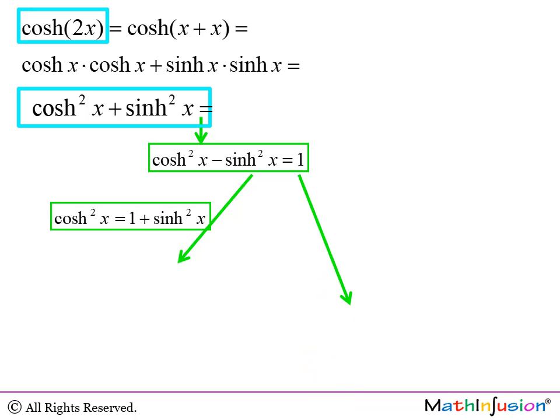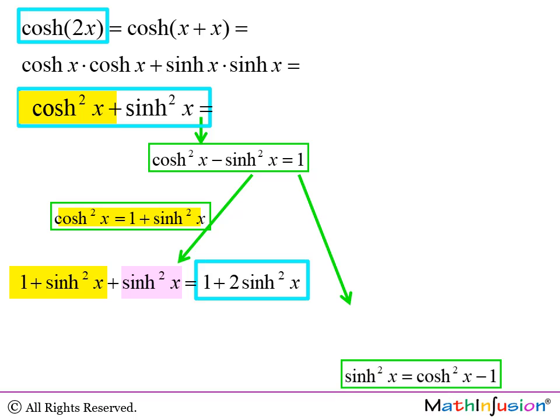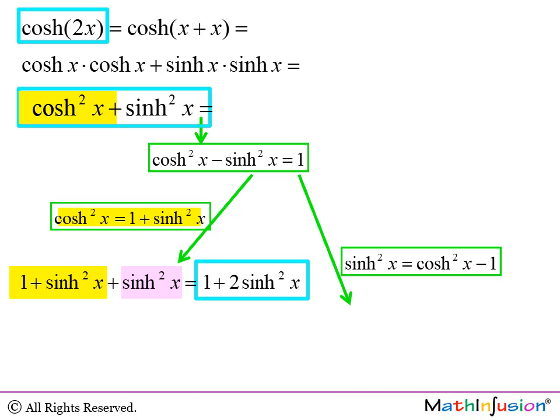So if I'm using this, then I will replace this by 1 plus sine hyperbolic squared x, and I get this. But also, I can substitute for the sine hyperbolic squared x, which is this.